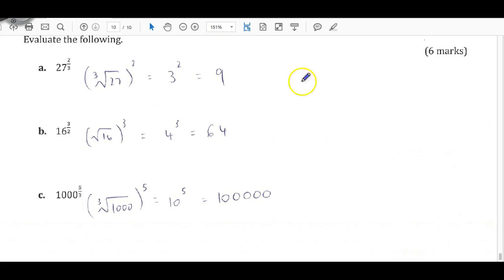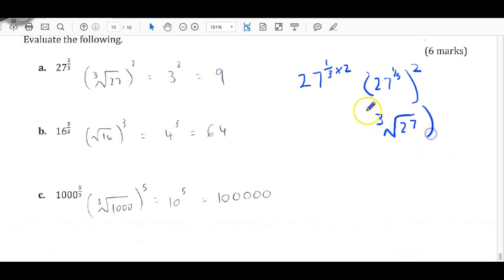The 27, okay, when you've got it to a power of 2/3, that's the same as saying that's to a power of 1/3 times 2. Now that times 2, I can actually bring outside the bracket like that and take the cubed root of 27 and then square it. So I know the cubed root of 27 is 3, and then I have to square that.